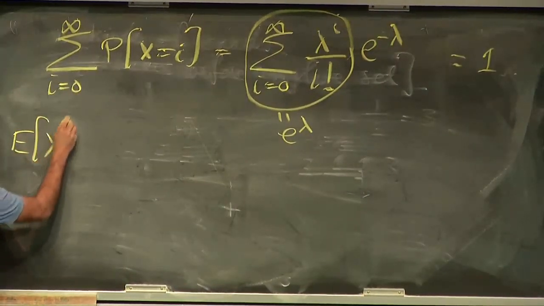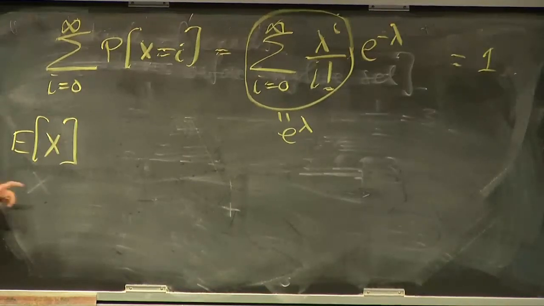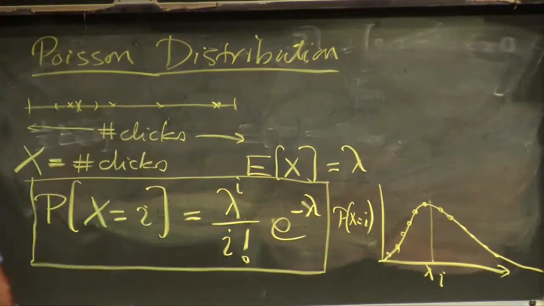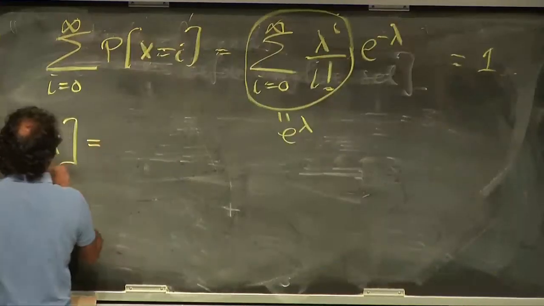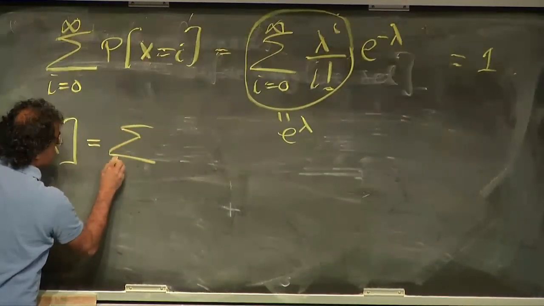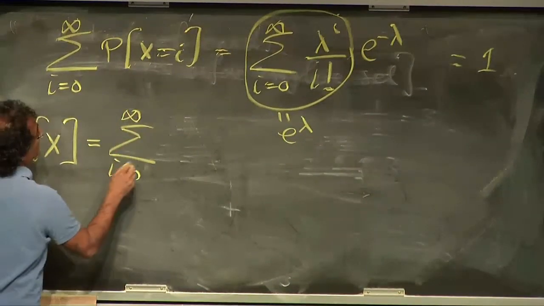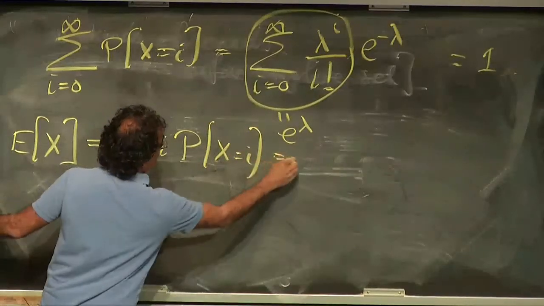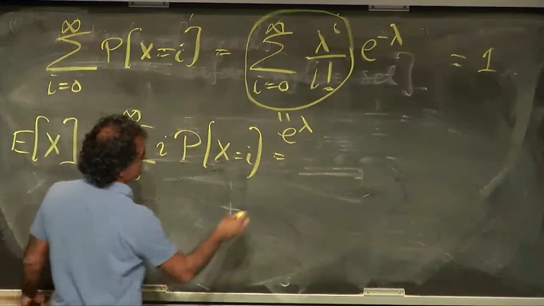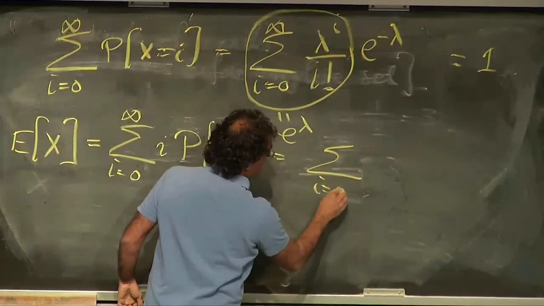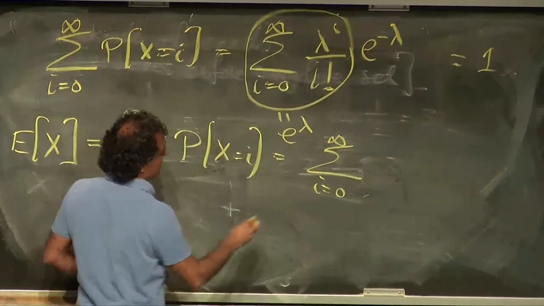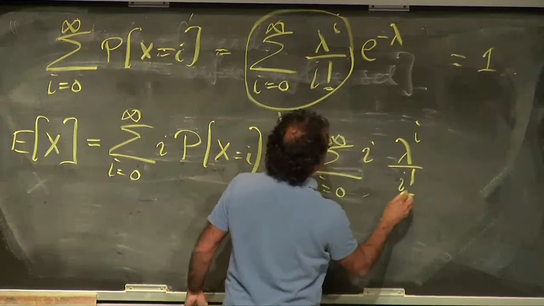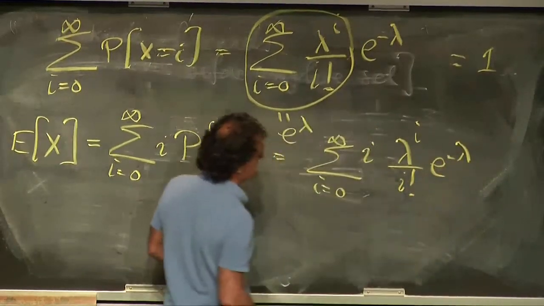We can also use this to compute the expected value of x. So we want to make sure the expected value of x is lambda. Right? So we should be able to do that by saying, well, the expected value of x is summation i equal to 0 to infinity of i times the probability x equal to i, which is summation i equal to 0 to infinity of i times lambda to the i over i factorial times e to the minus lambda.